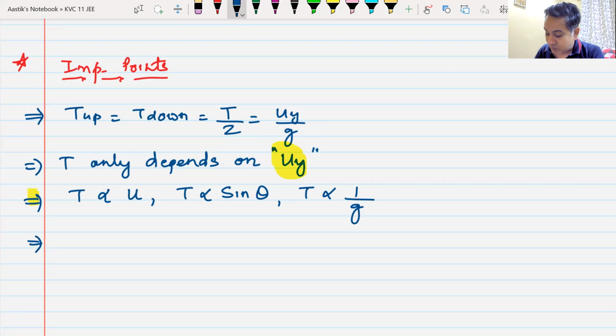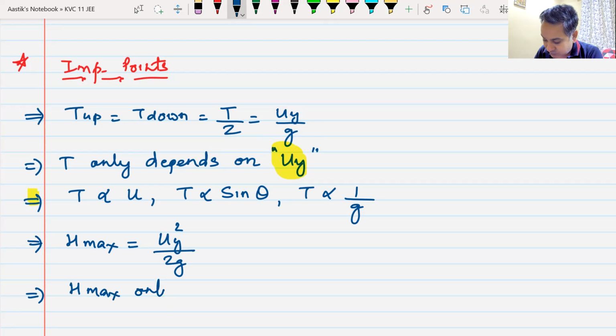The next important point is about H max. H max is uy square by 2g. That tells me that H max also only depends on what? It only depends on the vertical component of velocity.